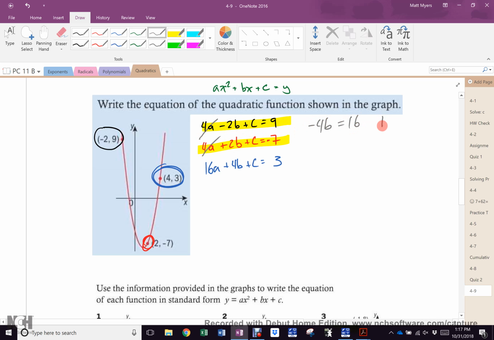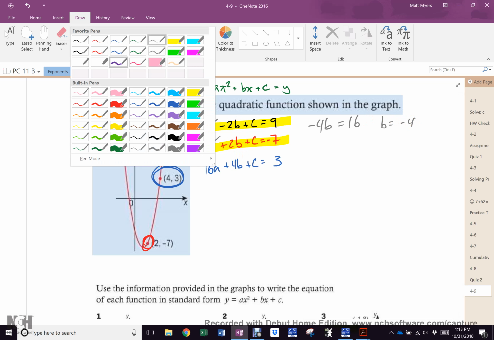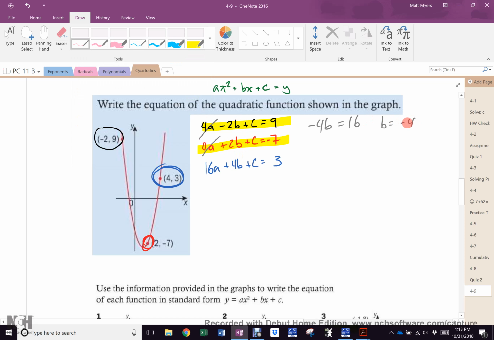What do I do now? Divide. So what does b equal? Negative 4. Well, now I know what b is. Right? So now I can put that in and eliminate all these b's, can't I? That would give me, if that's negative 4, 16a. What's 4 times negative 4?